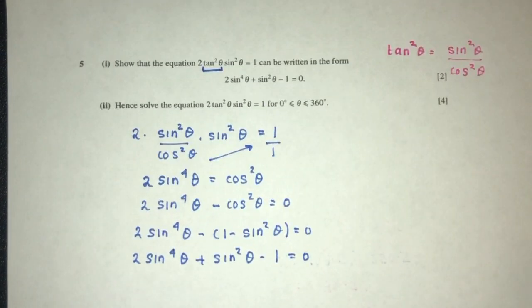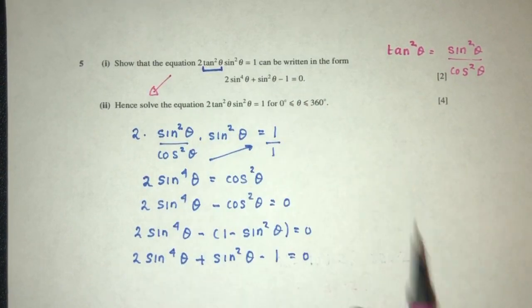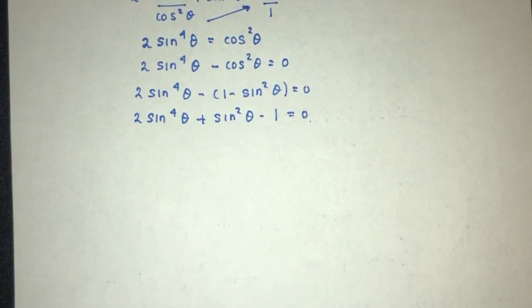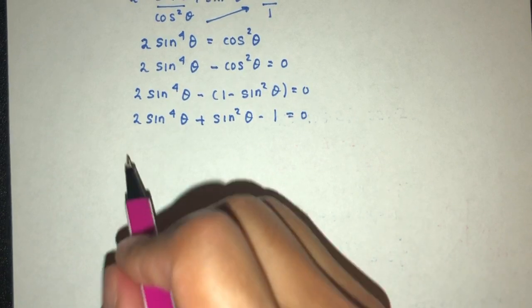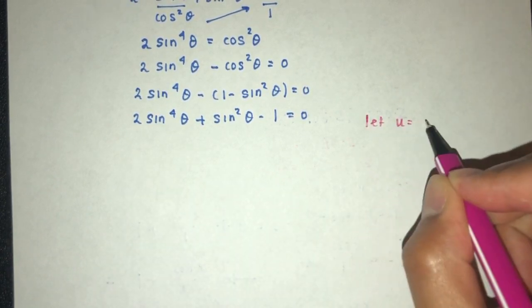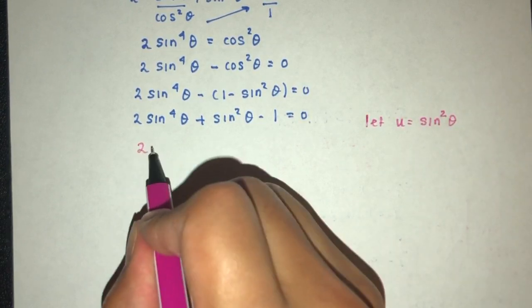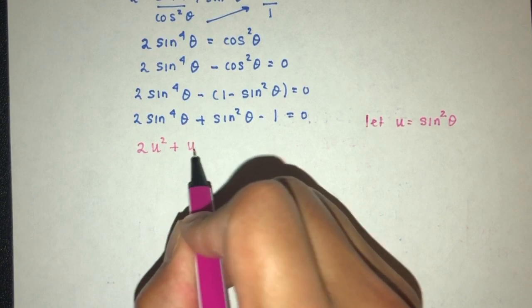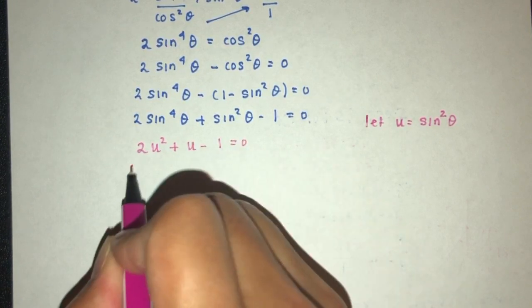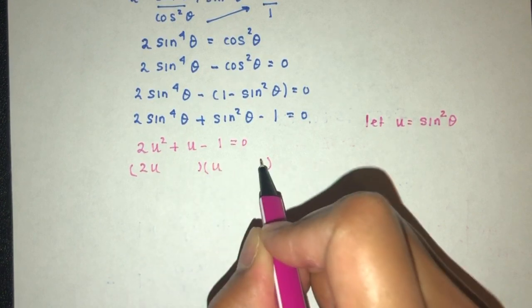So now part 2, hence we have to use that solving this equation. So pretty easy. Since as you can see, this one is a quadratic equation. For example, I can say let u equal to sine square theta. You will have 2 u square plus u minus 1 is 0. So factorize 2u times u, 1 is 1 times 1.